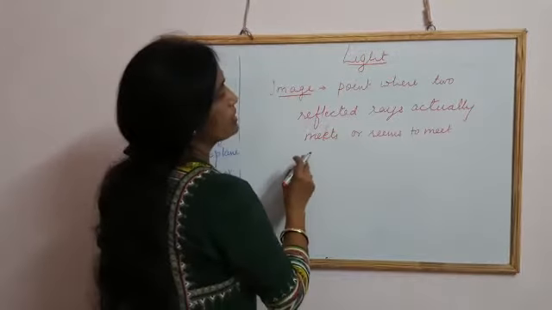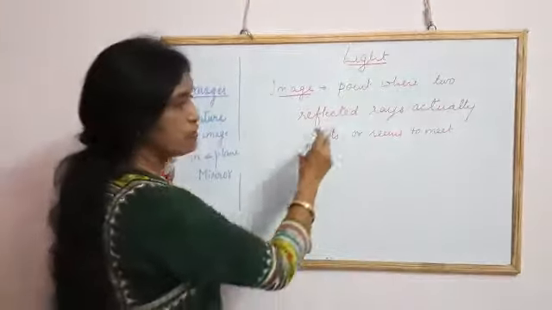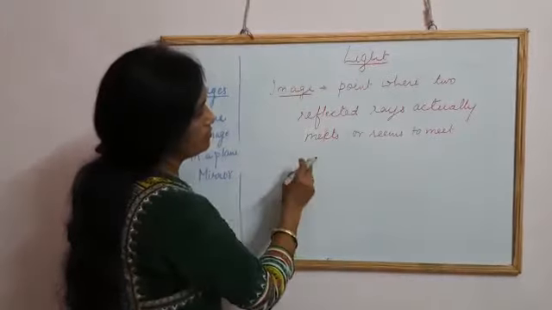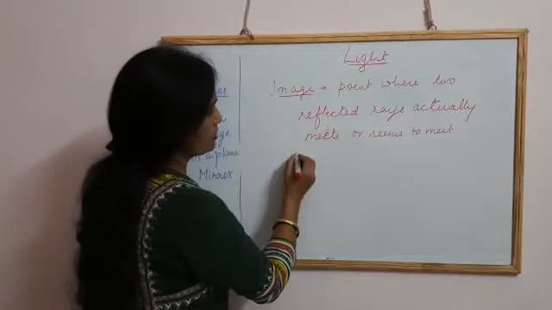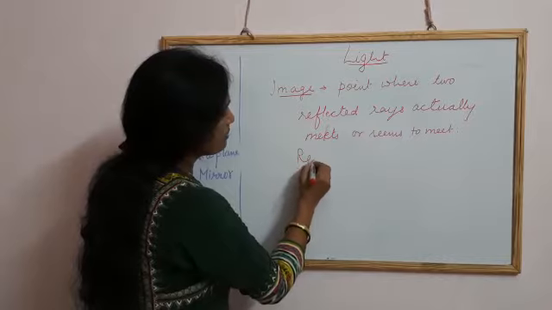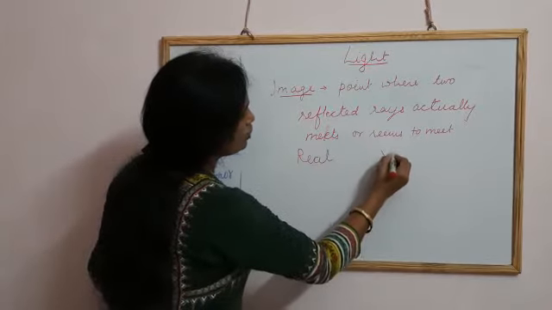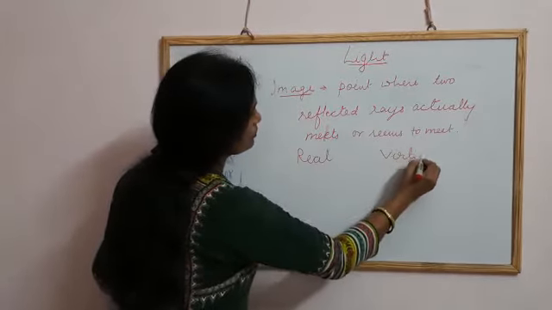That point is called an image, and on this basis there are two types of images, okay? That is real image and virtual image, okay?